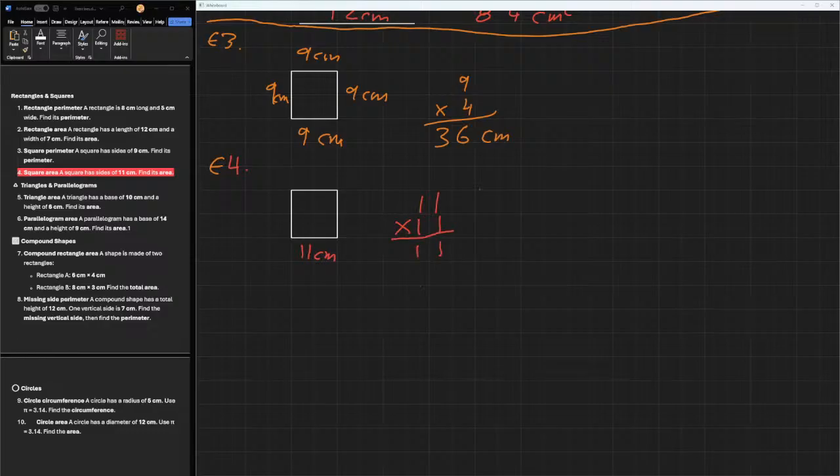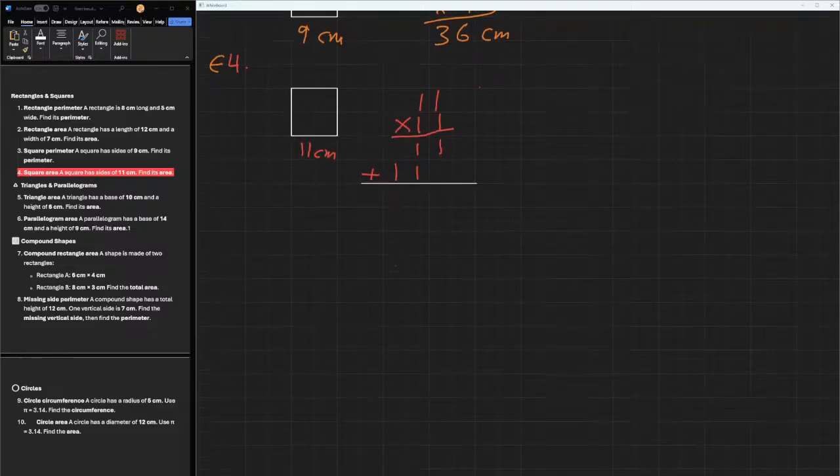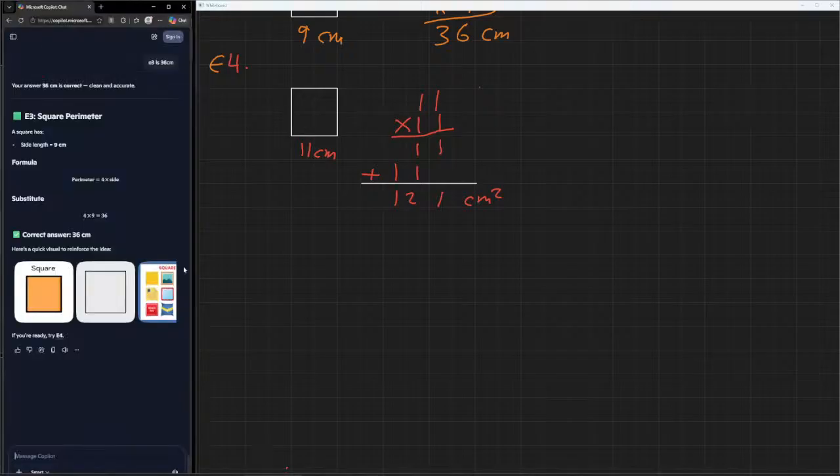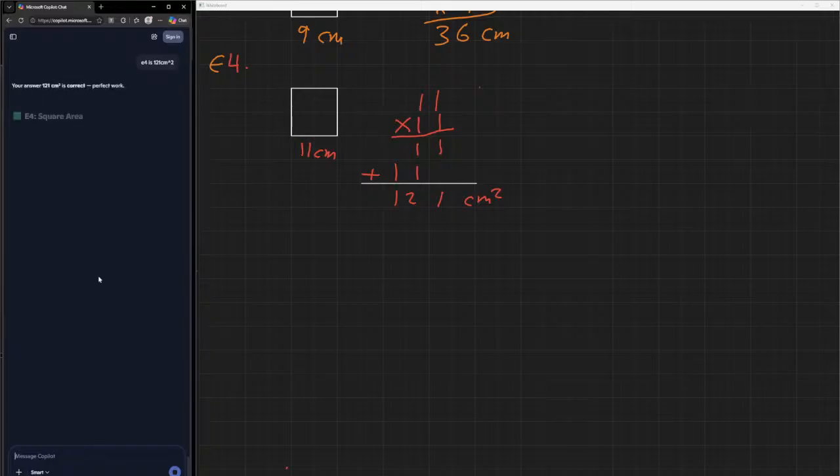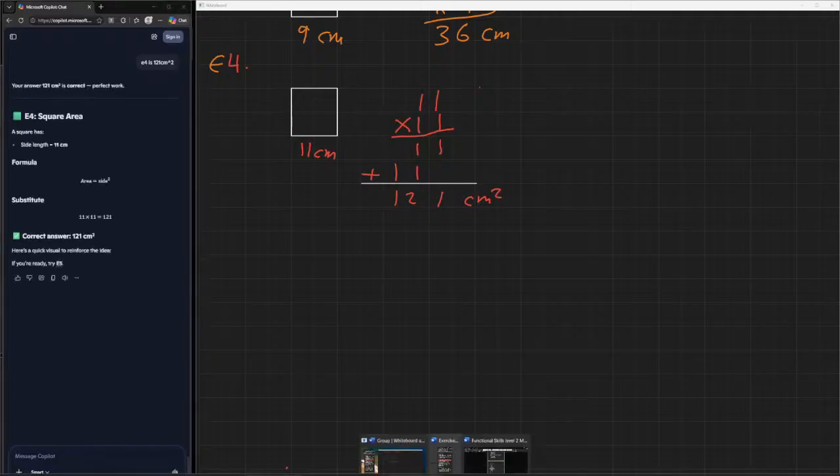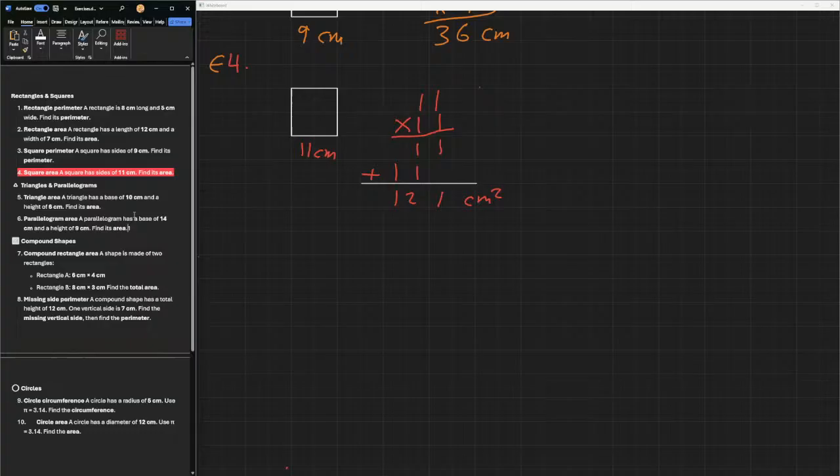So 11, then 11 here, and then we have 121 square centimeters. This is question 4. I'm going with question 5.